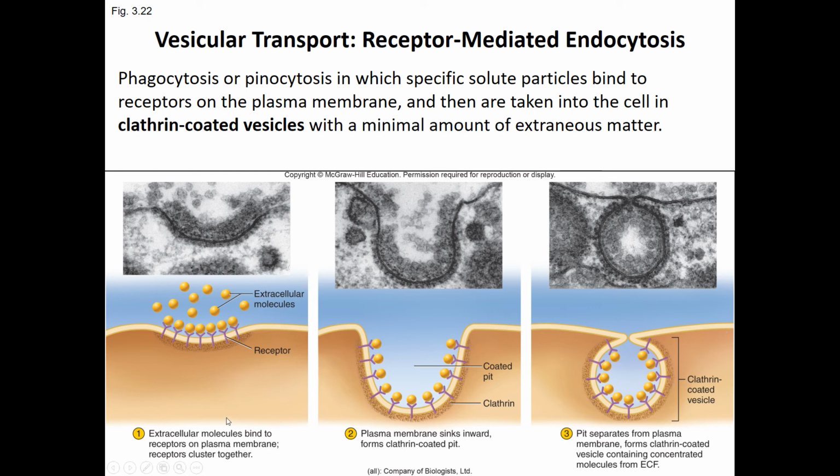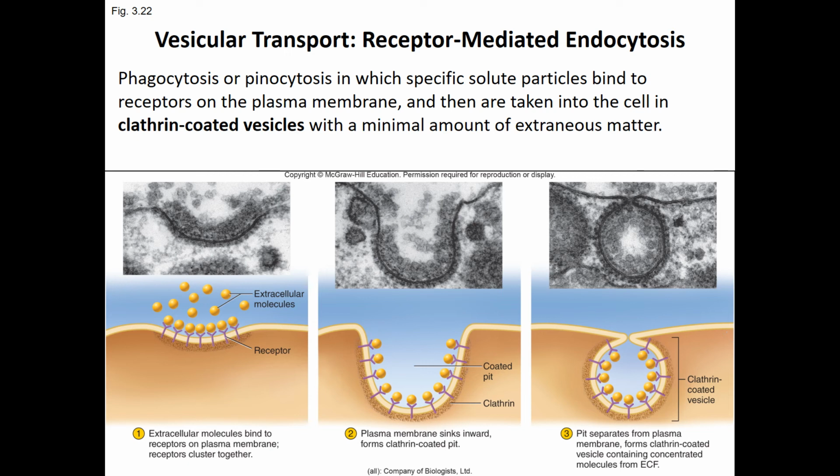What you would see here is receptors which line the extracellular surface of the plasma membrane, and those extracellular molecules would actually bind to the receptor before they can be engulfed. This is a way of making sure that very specific things are brought into the cell.